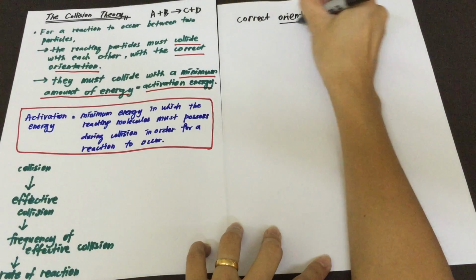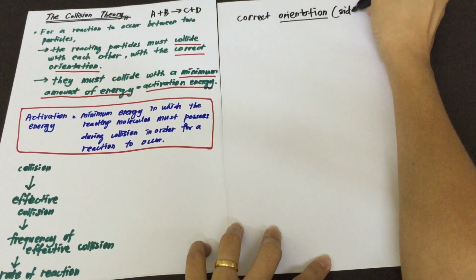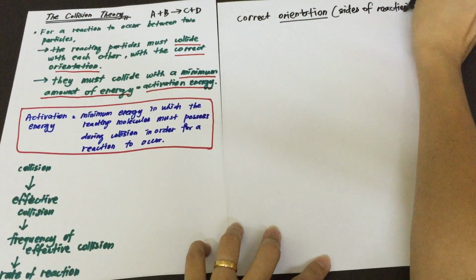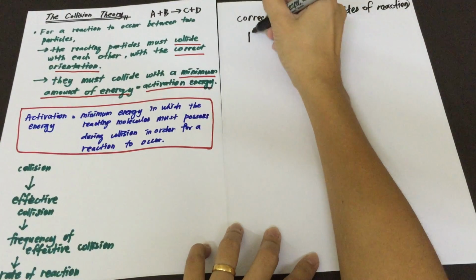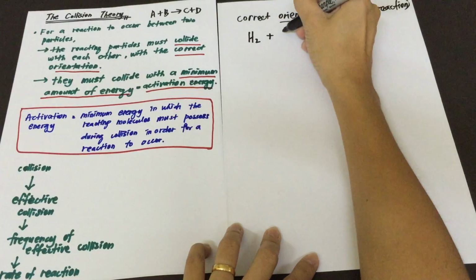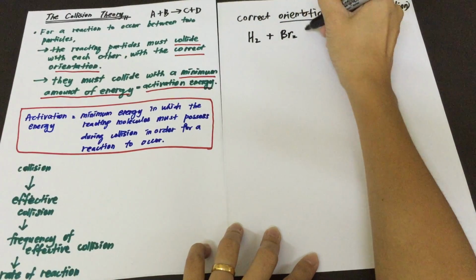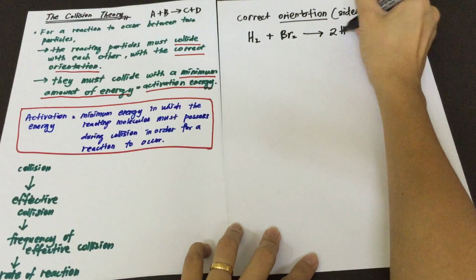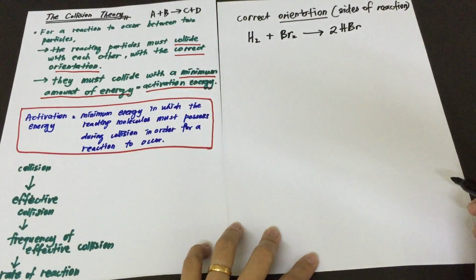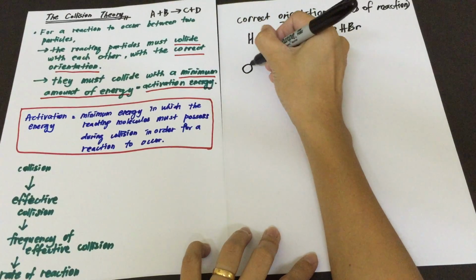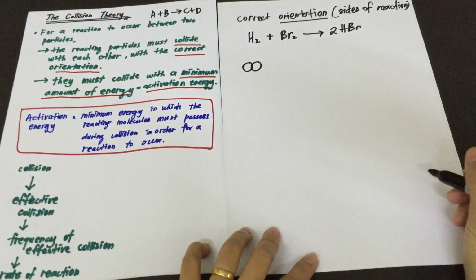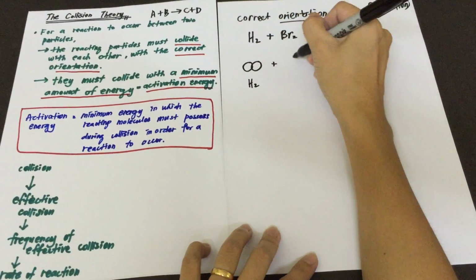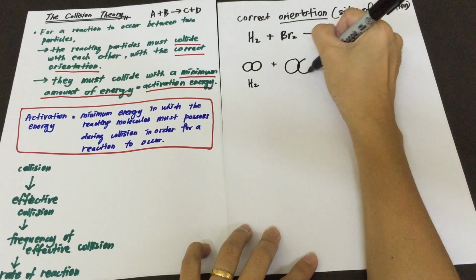The correct orientation means the correct sides of the reactants. For example, taking a very simple example, when hydrogen molecules react with bromine molecules to form 2 molecules of hydrogen bromide. The hydrogen molecule is a diatomic molecule like this, and the bromine molecule is bigger, another diatomic molecule like this.